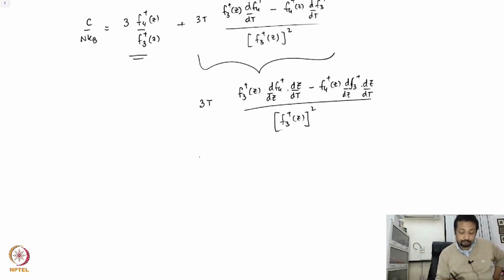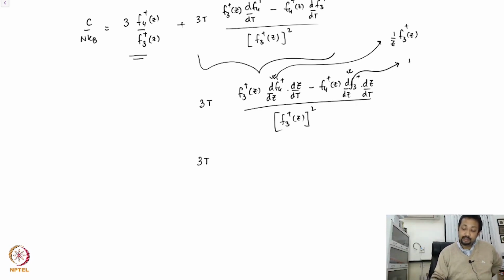So that this is 3. This I already know, these derivatives. This derivative is 1 by z f3+(z), and this derivative is 1 by z f2+(z).